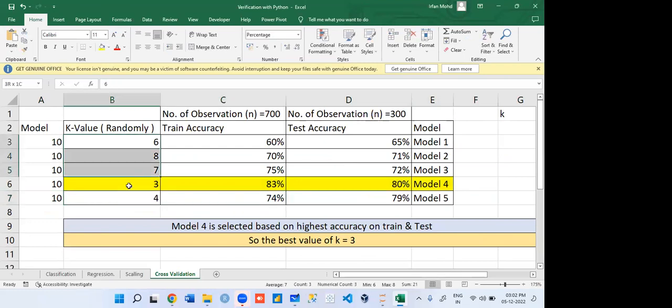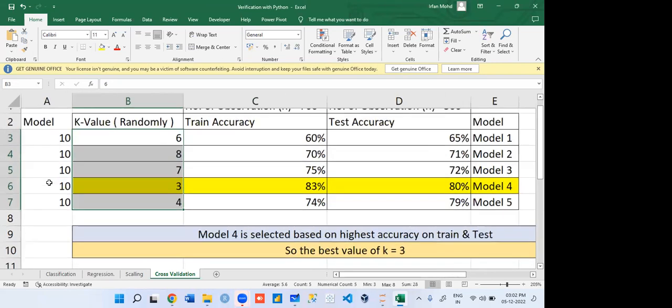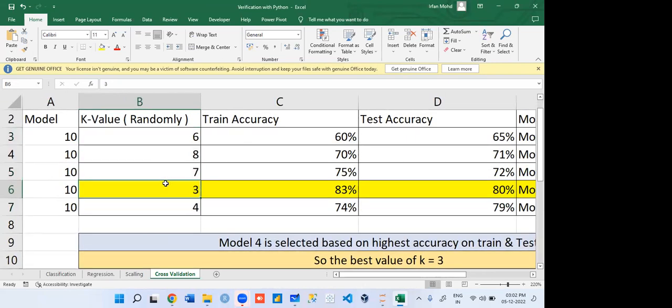So if how many values I have taken K? How I have taken these 3 numbers randomly? So can I say I have taken 5 different values of K randomly? Each value of K take 10 models. So 5 value of K make how many models? Should I write sentence?